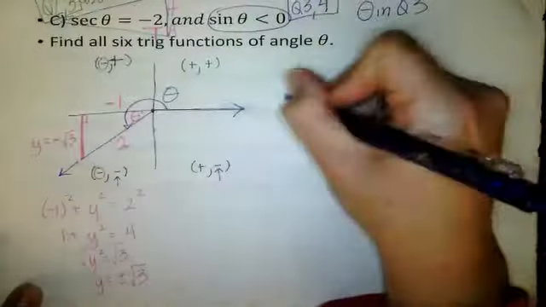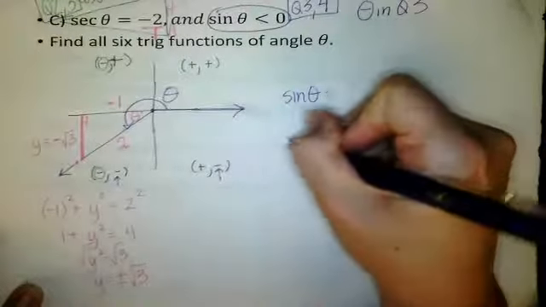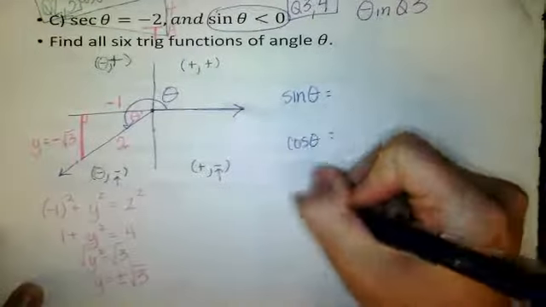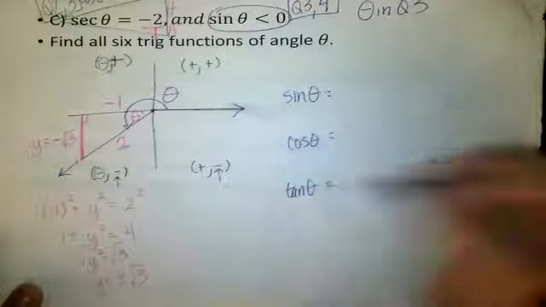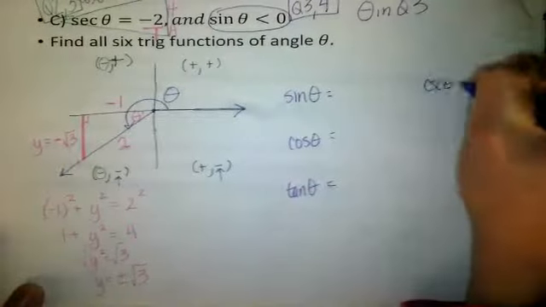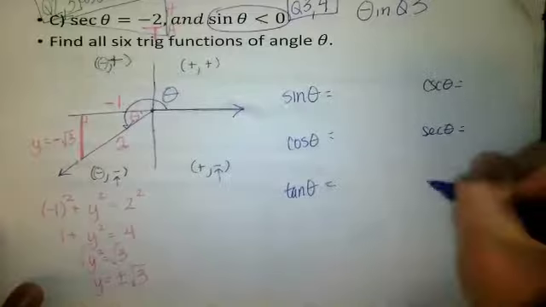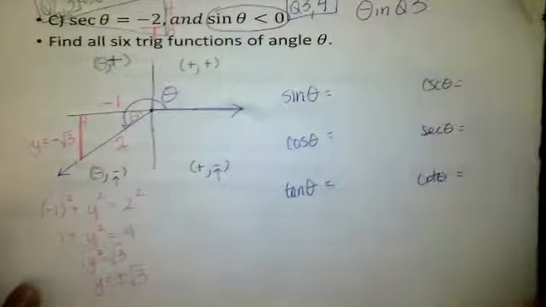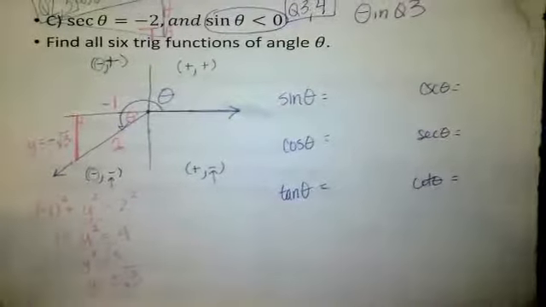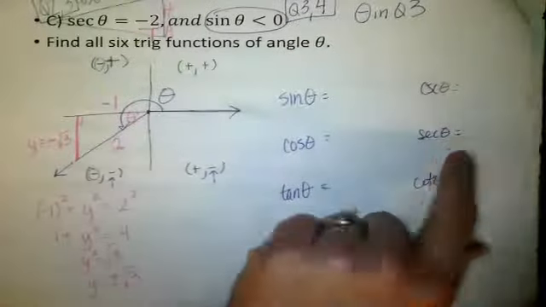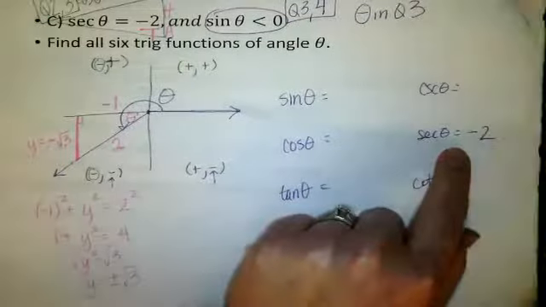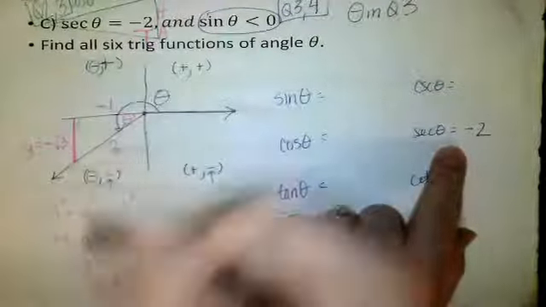All right, now we have to find all 6 trig functions of angle theta: sine, cosine, tangent, cosecant, secant, and cotangent. What do we already know? Secant is negative 2, and it's always a good idea to double check according to your picture.